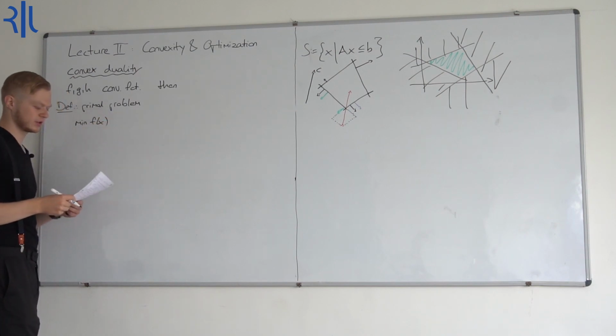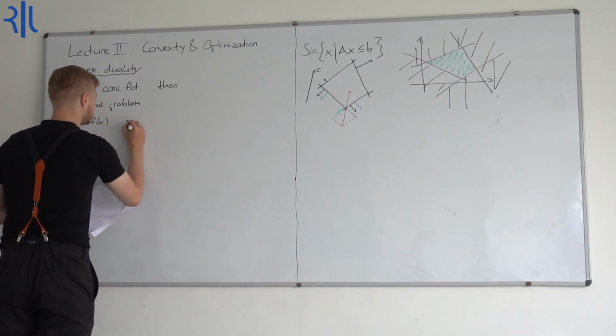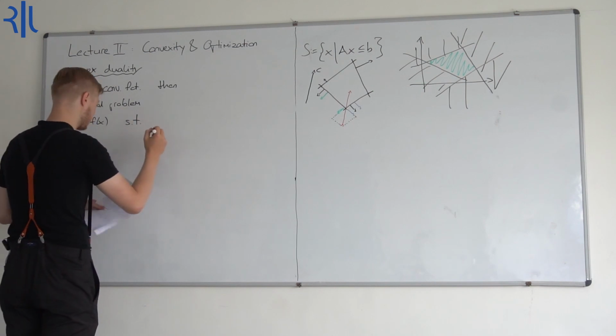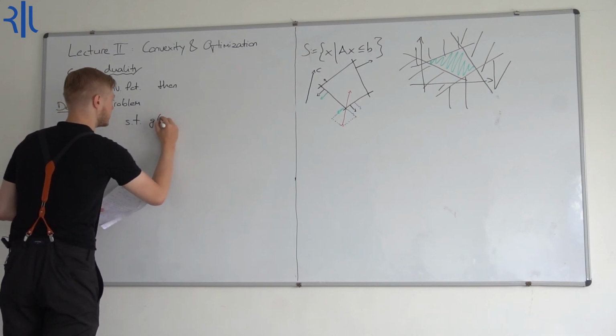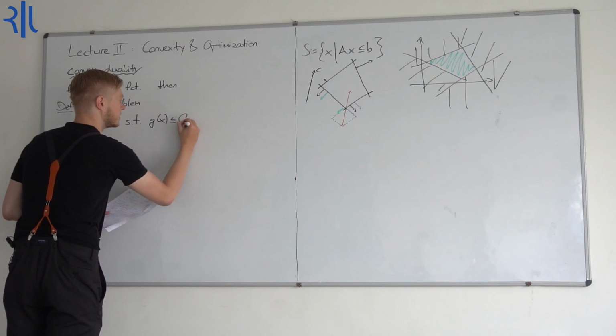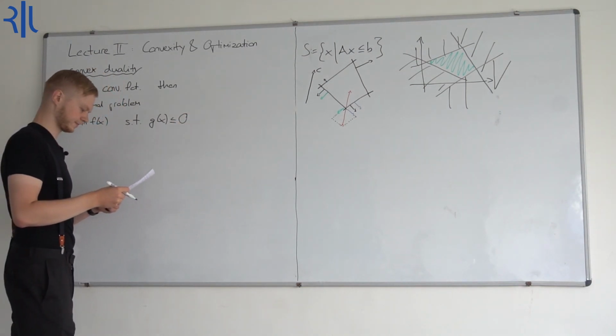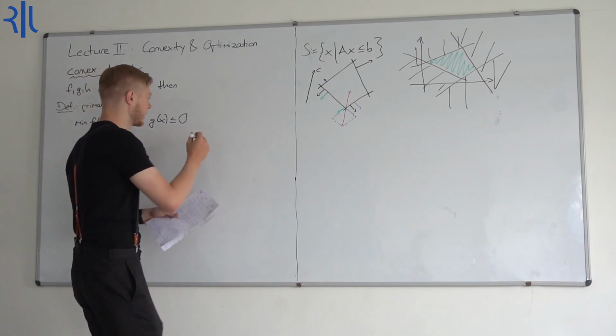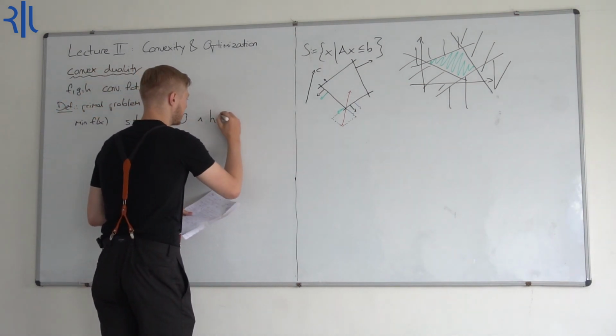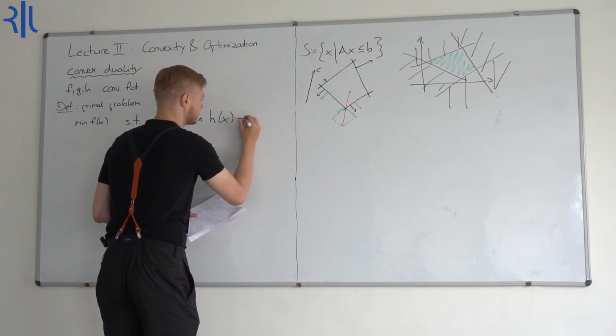the minimization of f of x subject to the constraint that g of x has to be smaller or equal than 0, and h of x has to be equal to 0.